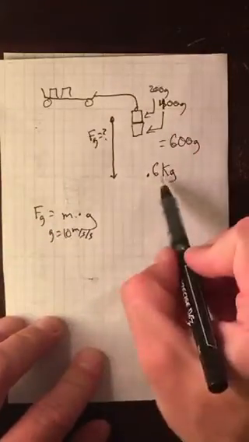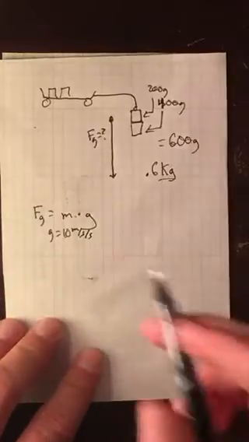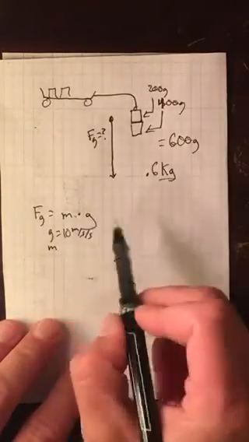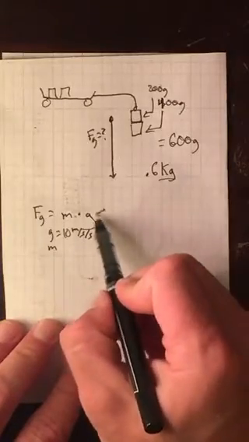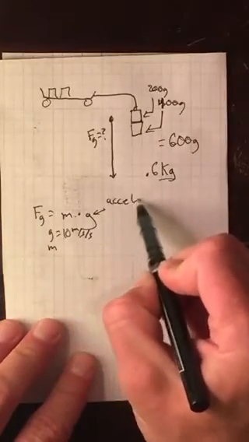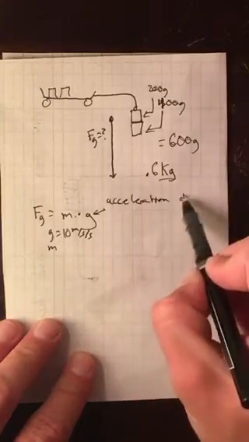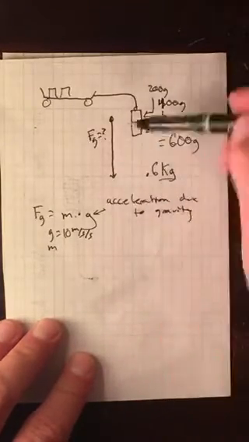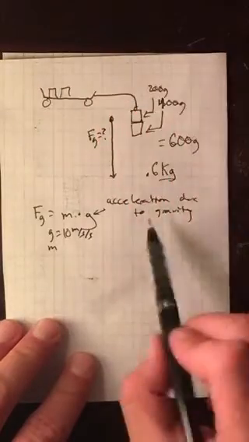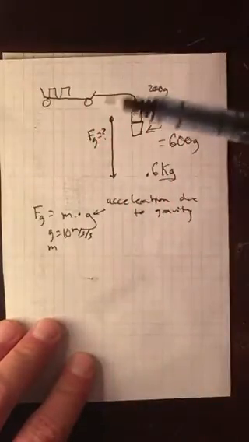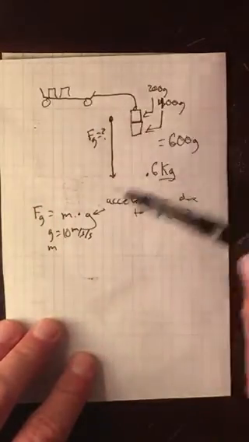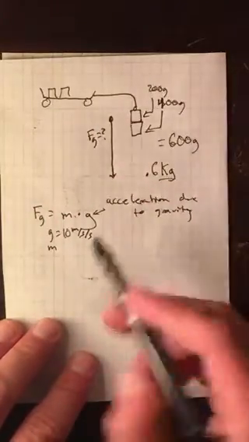But what's the force? That's kilograms. We want it in newtons. Well, from the acceleration due to gravity. And remember, this cart does not accelerate at the acceleration due to gravity. That would be free fall, and this was still connected up here. Free falling is the acceleration due to gravity.